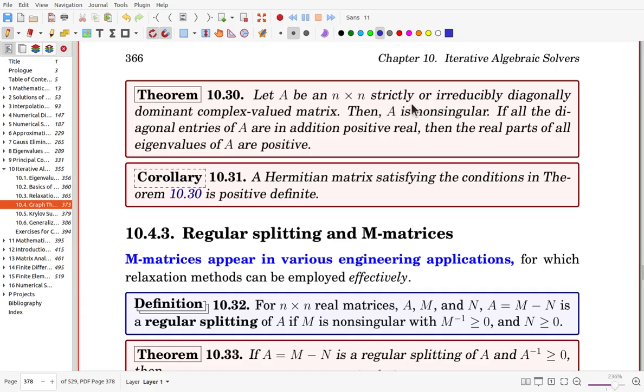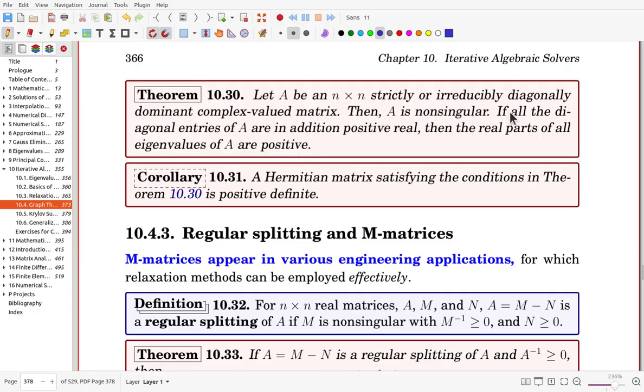And either strictly diagonally dominant or irreducibly diagonally dominant, so in any case, it's diagonally dominant and at least one row, the inequality is strict. Then the matrix is non-singular, and if all diagonal entries of a matrix A are positive real, then the real parts of all eigenvalues are positive.